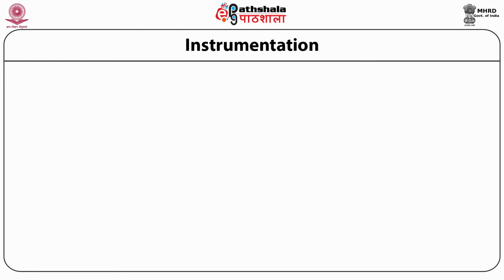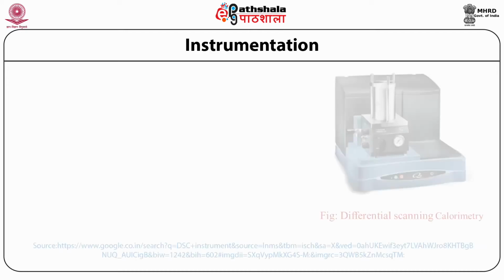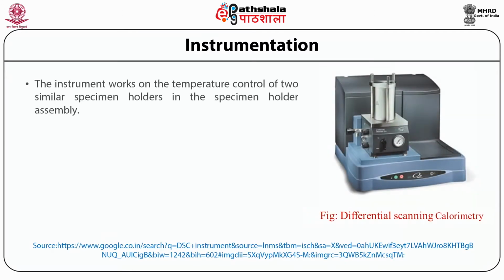A block diagram of the instrument used for DSC analysis is shown schematically in Figure 5. The instrument works on the temperature control of two similar specimen holders in the specimen holder assembly.